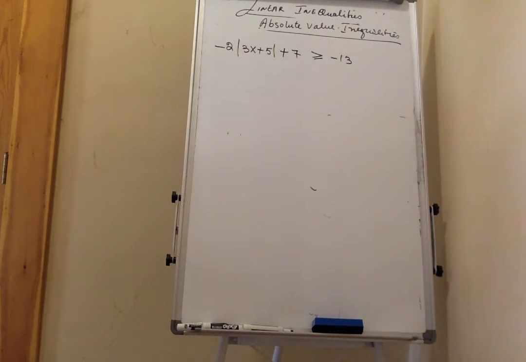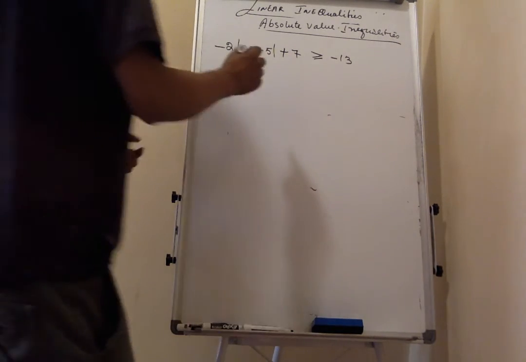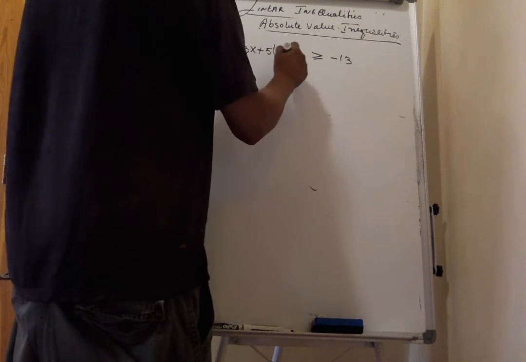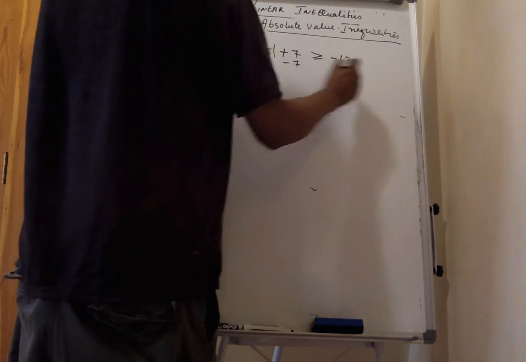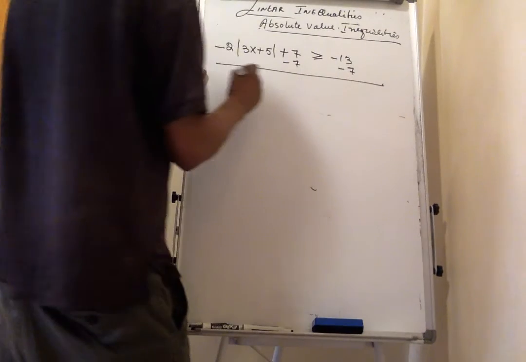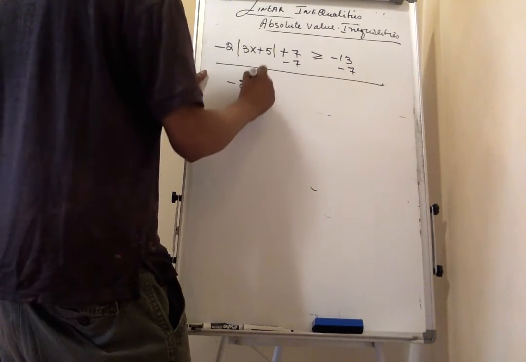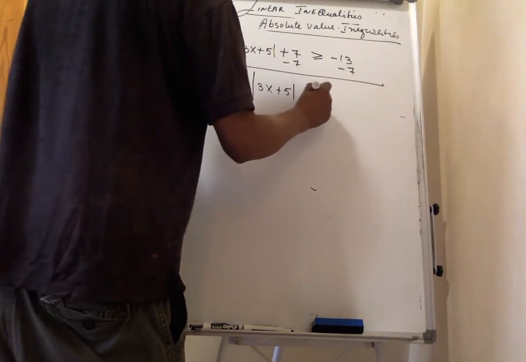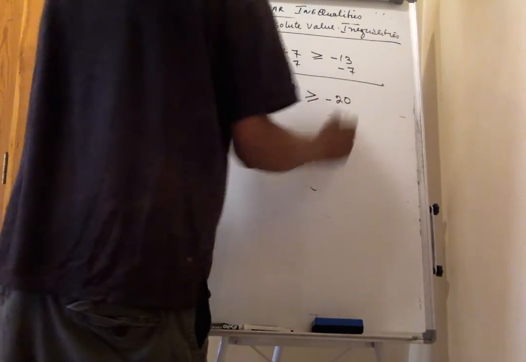We have to be careful. We have to use the order of operations in here. So make sure to move 7 to the other side because this one is multiplication. So minus 7. So you would have negative 2 times the absolute value of 3x plus 5 is greater than or equal to negative 37.